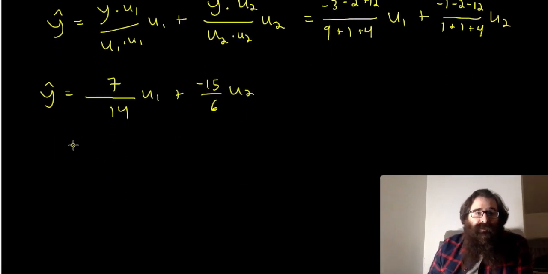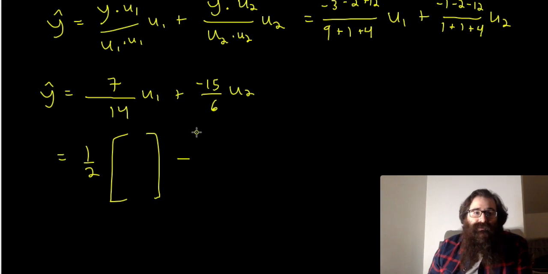And we can simplify these and bring the vectors back in. So 7 over 14 is 1/2 times vector u sub 1. And I'll do minus here, plus a negative is subtraction really. And 15 over 6 I can reduce by 3. 3 goes into 15 5 times. 3 goes into 6 twice. Times vector u sub 2.